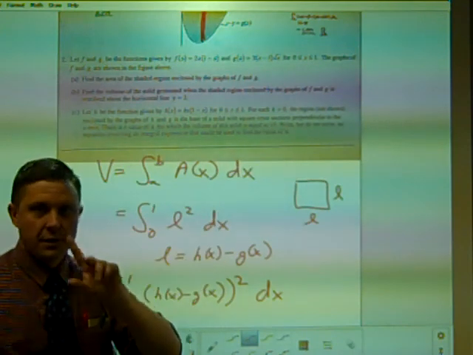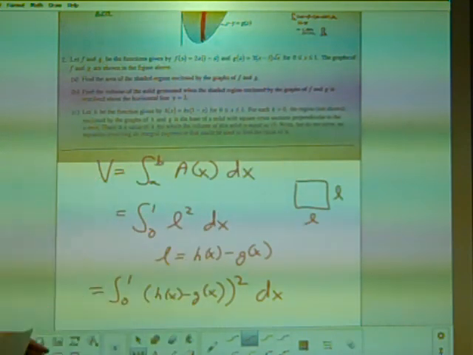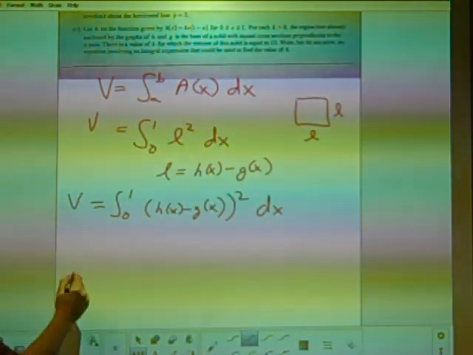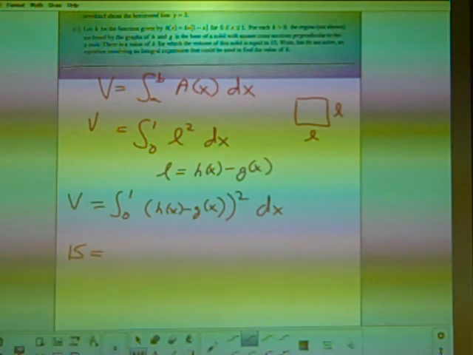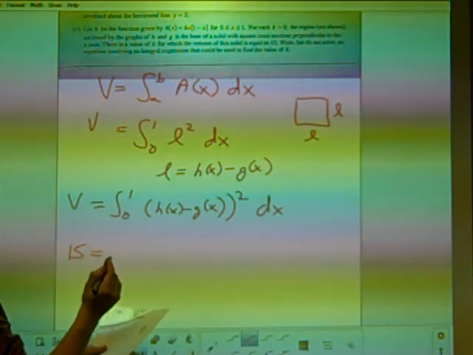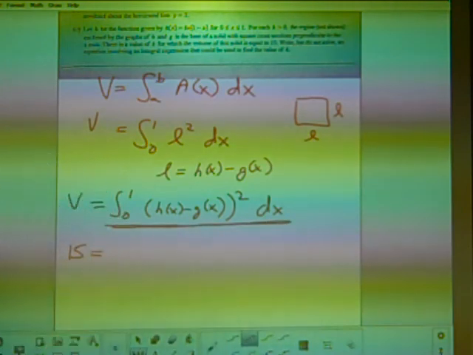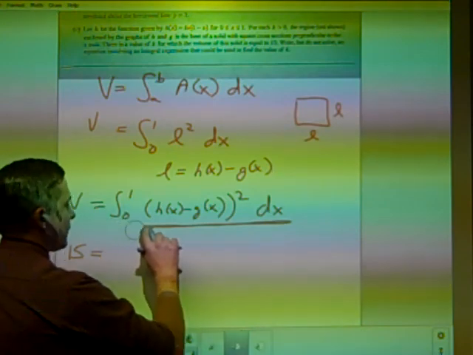So instead of V here, and this has been V the whole way, what can you replace V with? You can replace V with 15. And this integrand right here, before I go on to the next step and write it all out, that is worth 2 points. The last one here is worth a point.